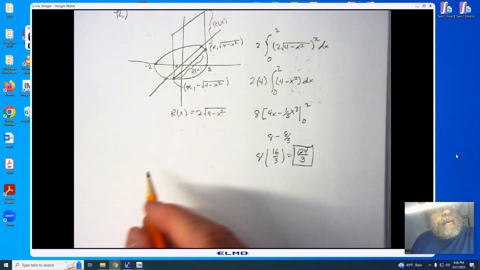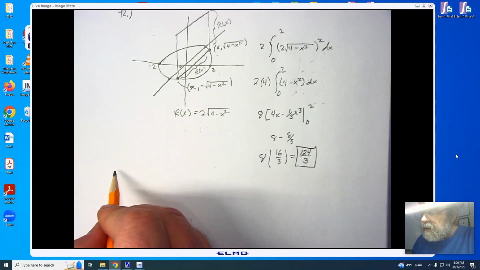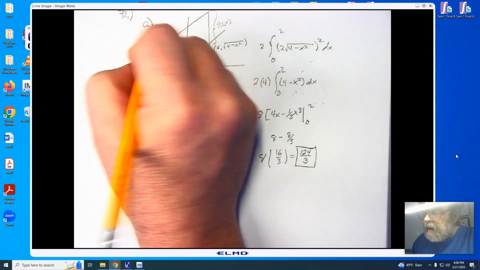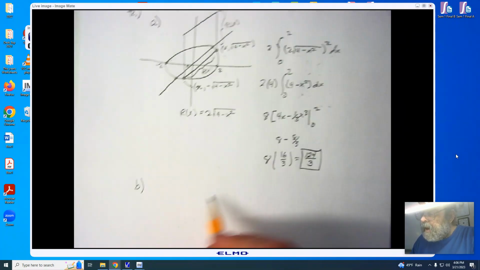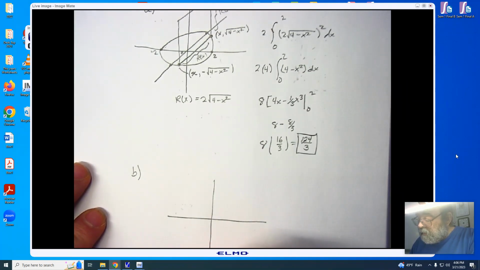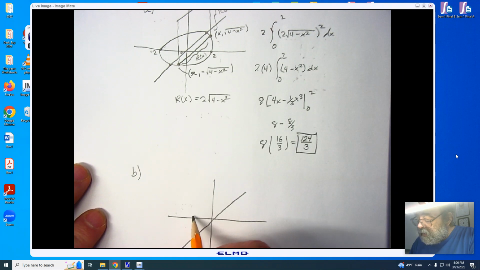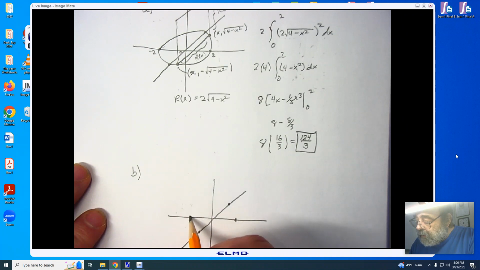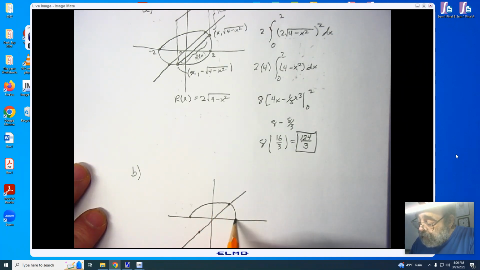This brings me to number 72B. That was A. We're now looking at B. So I'm going to start with the same figure, same situation. Drawing my curve.